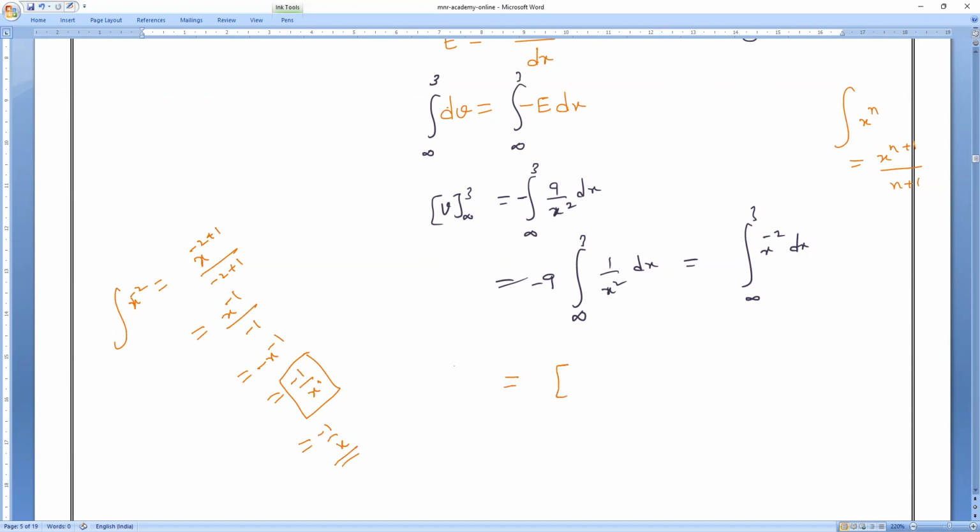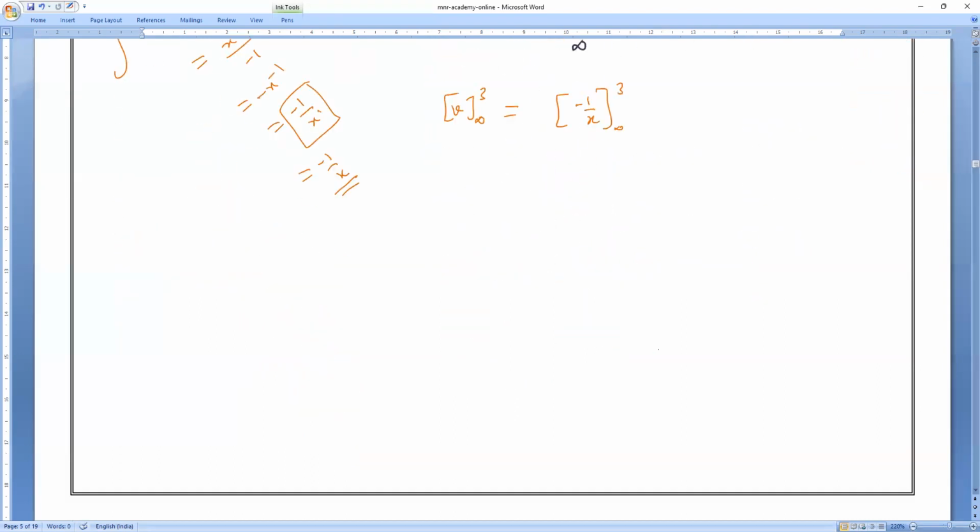So integration, that is V from infinity to 3, is equal to minus 1 by x with limits infinity to 3. Now if you substitute the points, what will happen? V of 3 minus V of infinity is equal to minus 1 by 3 minus of minus 1 by infinity. Of course, 1 by infinity, what will happen?